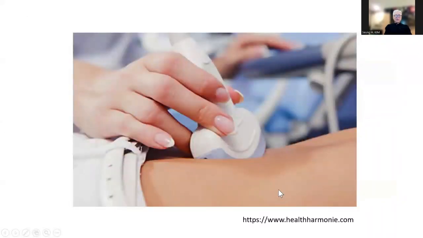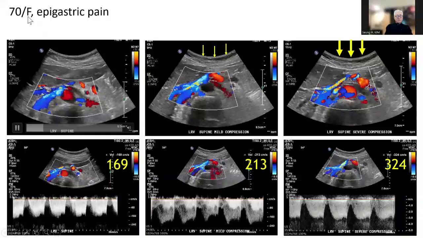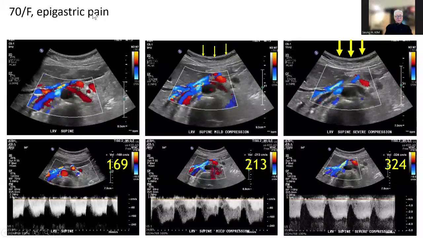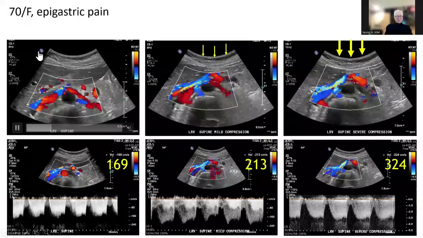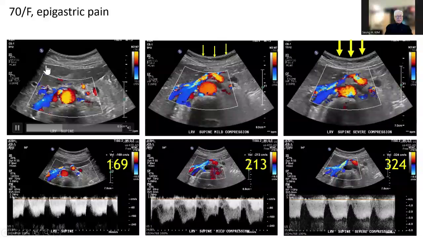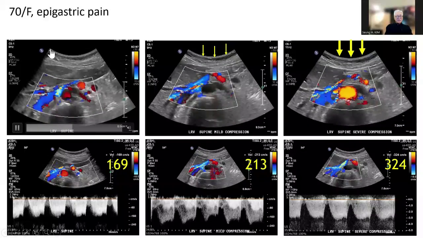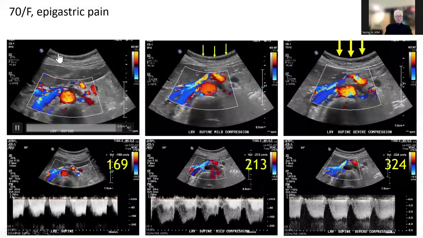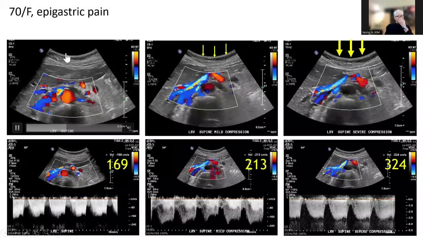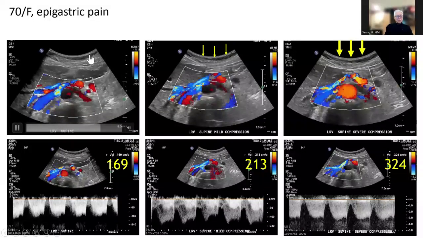So I talked about the patient respiration. The last thing you may find difficult is the compression by the transducer. This is a 70-year-old woman with epigastric pain, and this is a color ultrasound with a very light touch of the transducer, without any pressure on the abdominal wall.